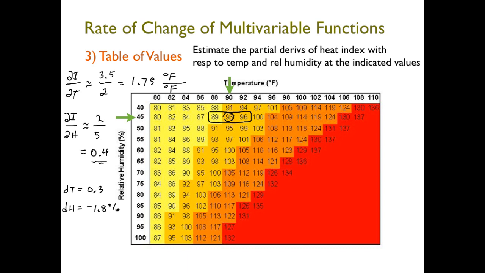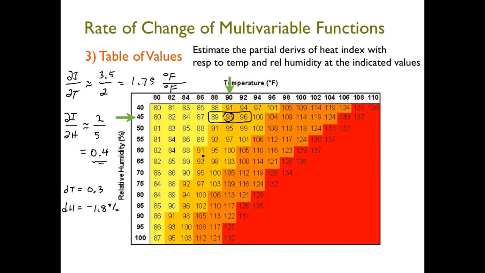Both those things happen. So both the temperature increases by 0.3 degrees and the humidity goes down by -1.8%. I want you to predict the new heat index. Predict what you think the new heat index would be.